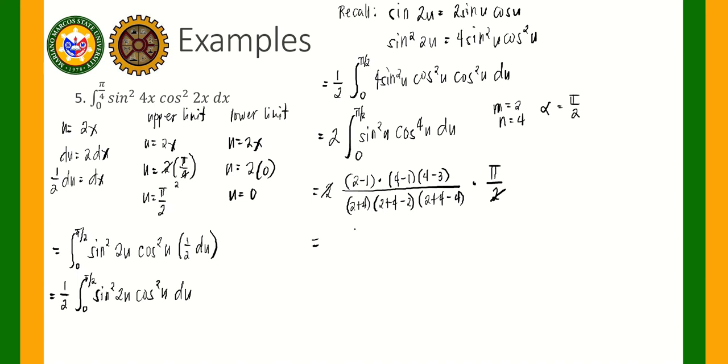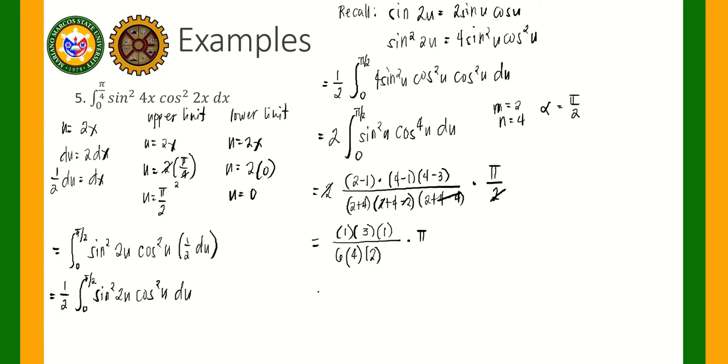So this will be equal to 2 multiplied by 4 minus 1 is 3 and 4 minus 3 is 1. All over, 2 minus 1 is 1 pala, sorry. Okay, all over, 2 plus 4 is 6. And this will cancel, so we will be left with 4. As well as this, magka-cancel si 4, so we'll be left with 2. And then multiplied by our alpha, which is si pi na lang kasi na-cancel na si 2.